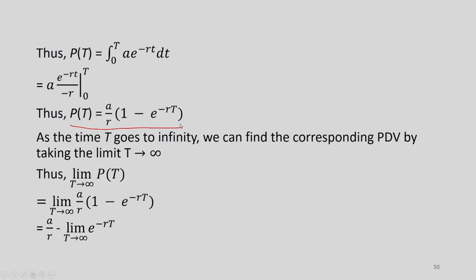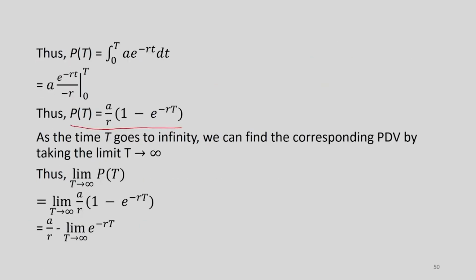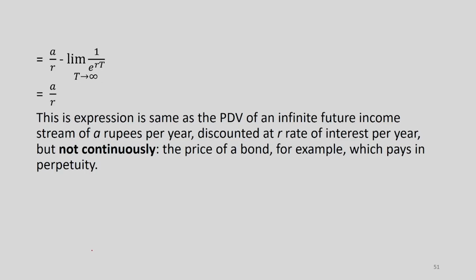Now the second part was that as T goes to infinity, what is the limit of this PDV? Well, I have to take the limit of P(T) as capital T goes to infinity. So this will become just 0, because e to the power minus rT, as T goes to infinity, will become 0. So this becomes a divided by r.